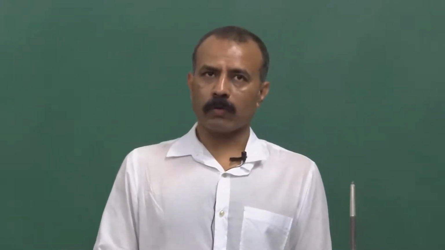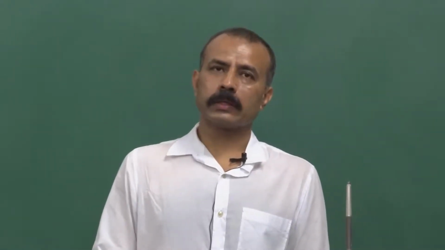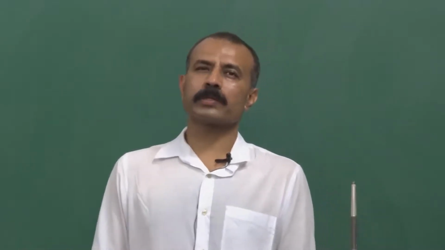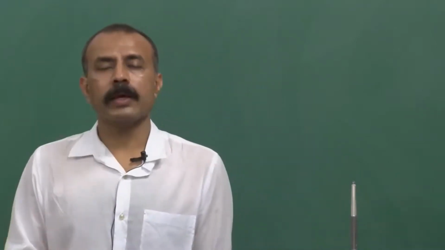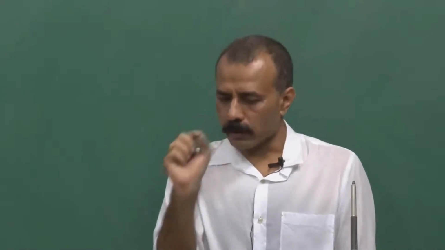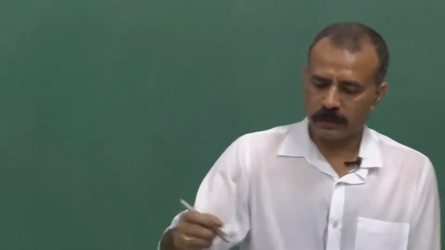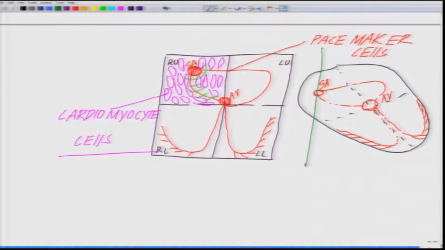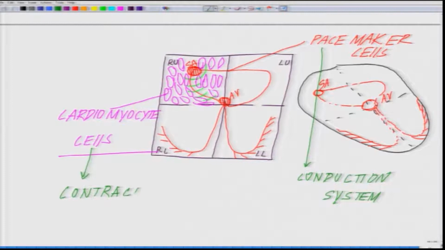The one which I have already talked to you about is a very small percentage, less than 10%, maybe even less than 5%, which is the pacemaker cells, one, which constitute the conduction system. So pacemaker cells constituting the conduction system, okay, one. Then you have cardiac myocyte, which is constituting the contraction system.